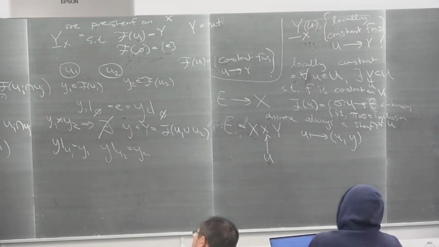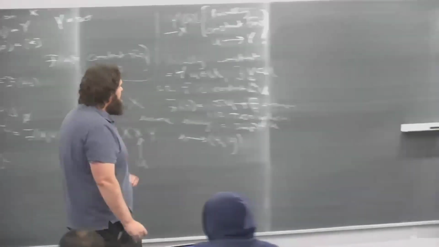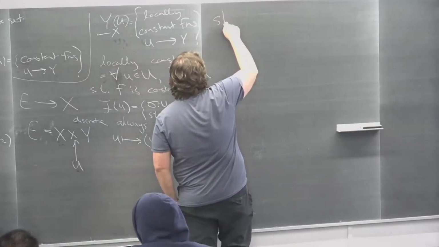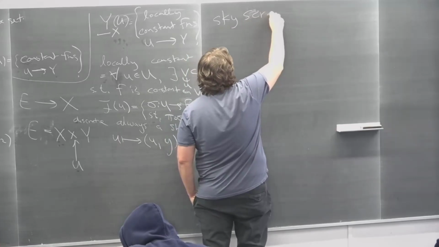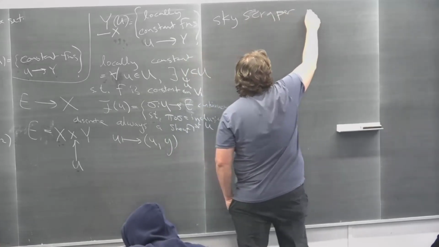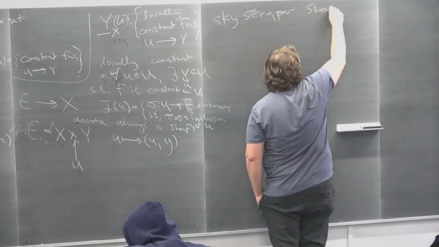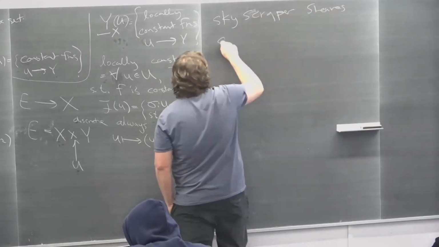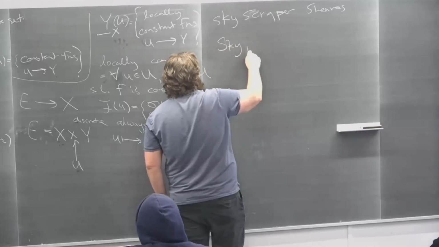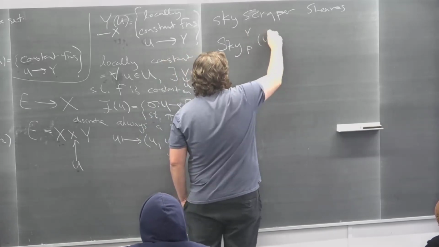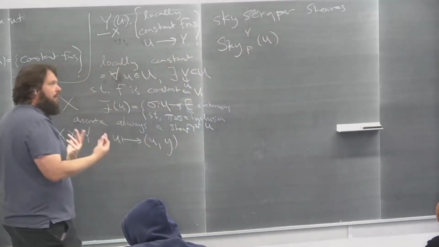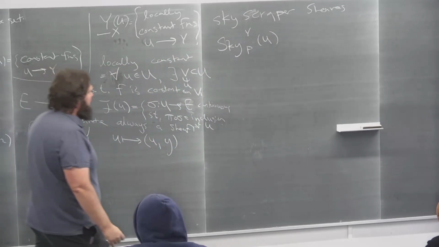All right, another pretty important example is what's called skyscraper sheaves, which I'll denote sky_p Y. Whenever I tell you a sheaf, I have to tell you what it assigns to an open subset.